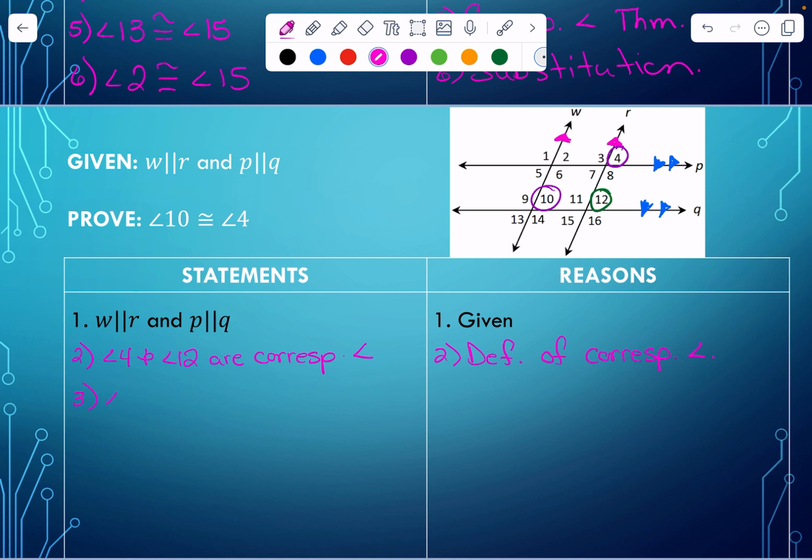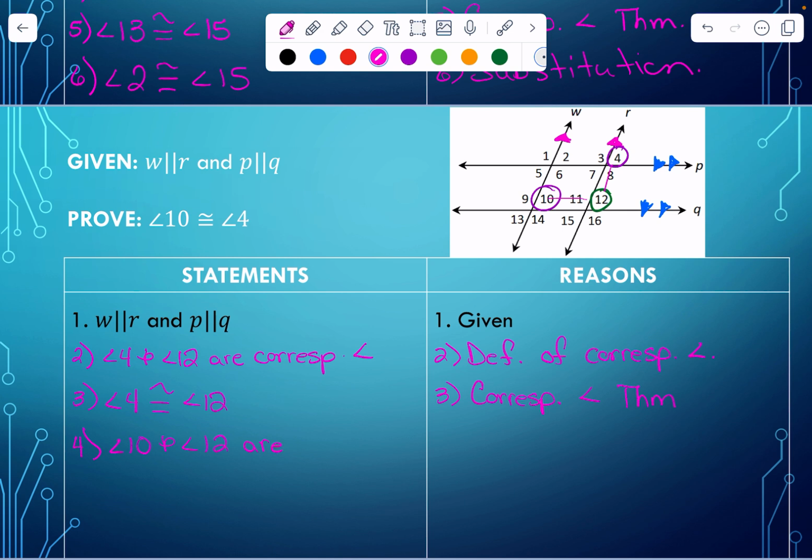Step 3: angle 4 is congruent to angle 12, because of the corresponding angle theorem. Now we have 4 to 12, and we're just going to put 12 to 10. It's basically going to repeat these last two steps.